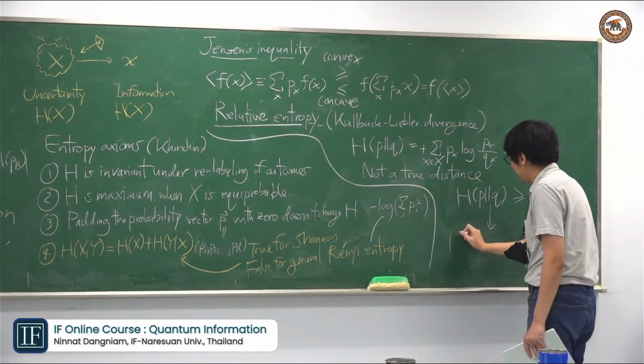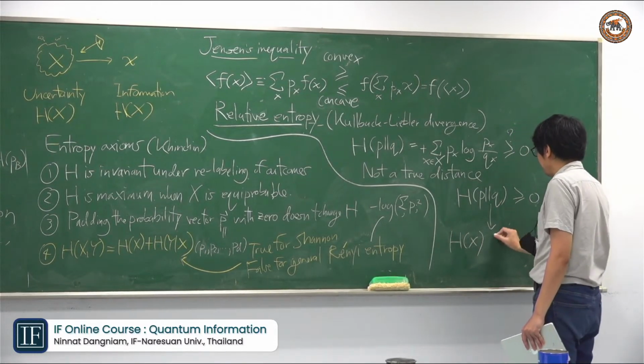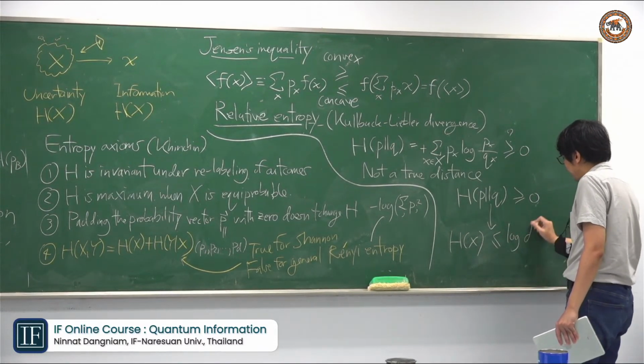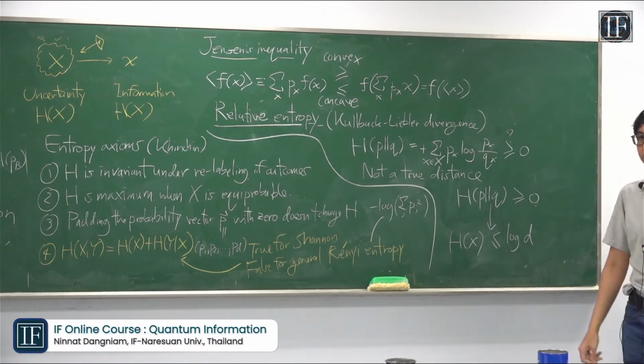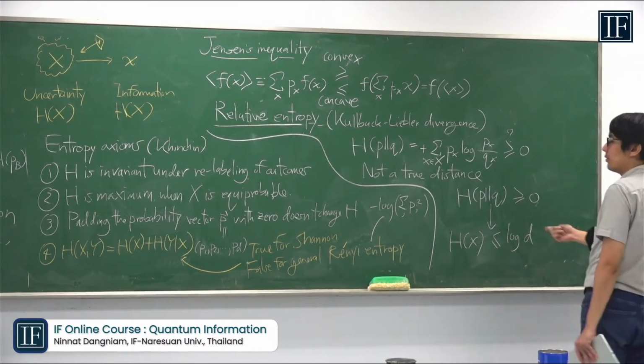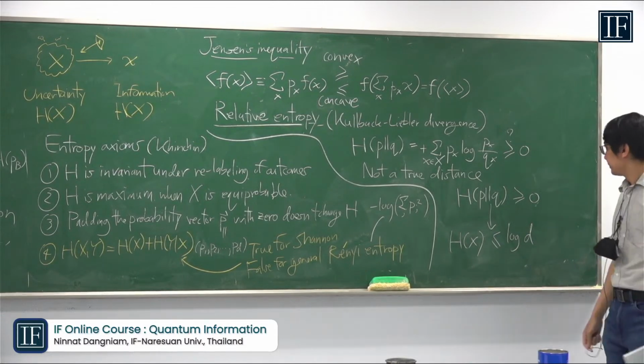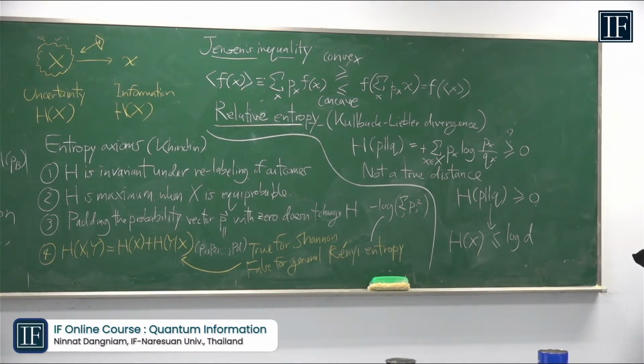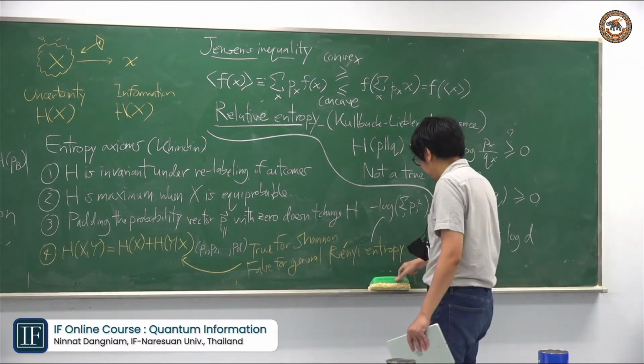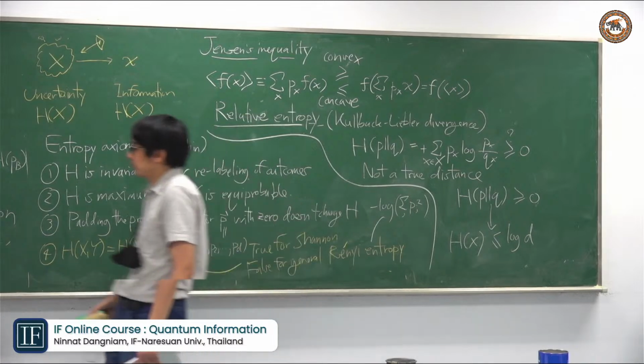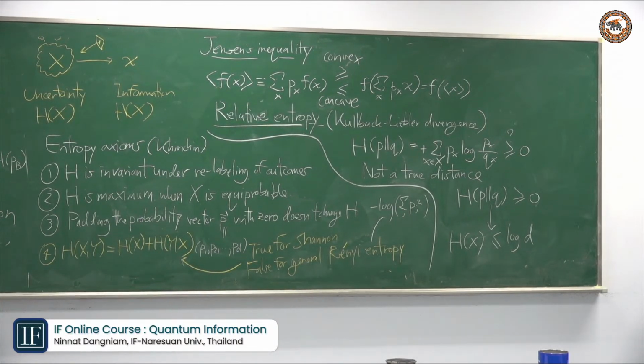And then use that to show that the Shannon entropy is at most log D. It's just the log of the number of alternatives.